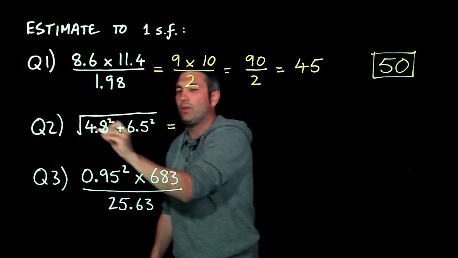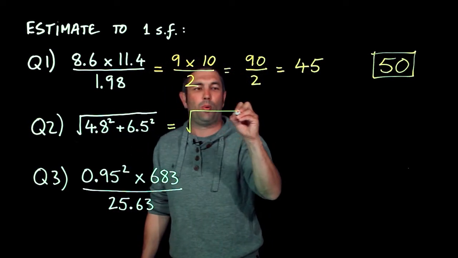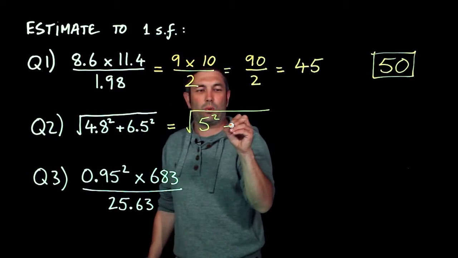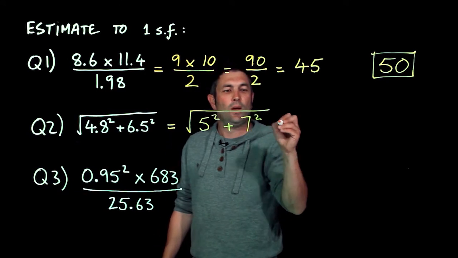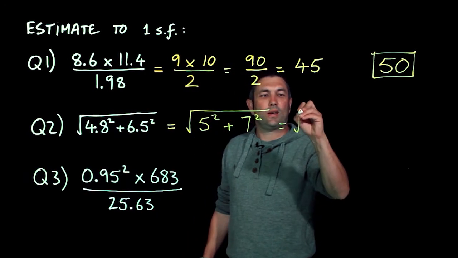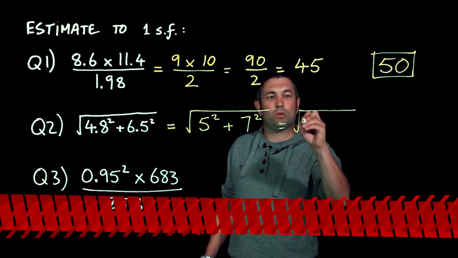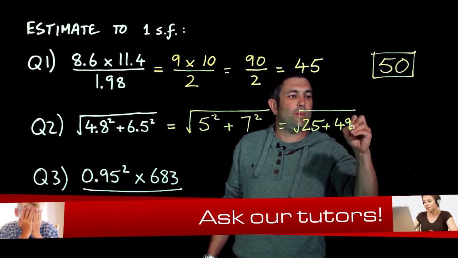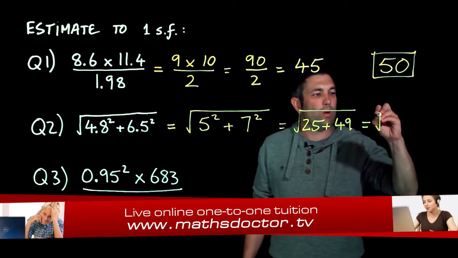Same when you come to this one, we've got the square root of 4.8, well I'm going to call that 5, and we've got 6.5, which I'm going to call 7. Now, I'm actually going to keep squaring these, and I get 25 plus 49, add them up, and you get the square root of 74.